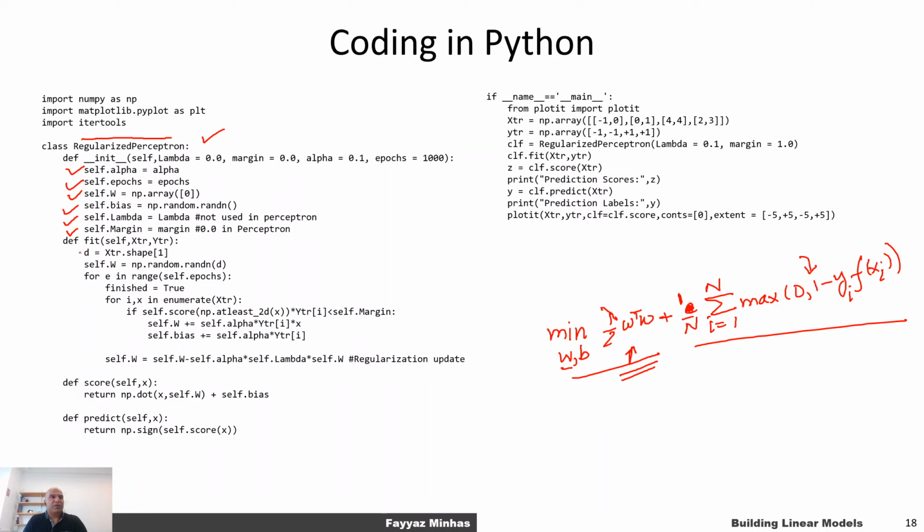The fit function over here uses a training data set, a training matrix XTR, along with the labels in YTR, to do the optimization part. Remember, we talked about how a machine learning model has three parts: representation, evaluation, and optimization. The representation bit is simply f of x equal to W transpose x plus b, which we implement in the score function.